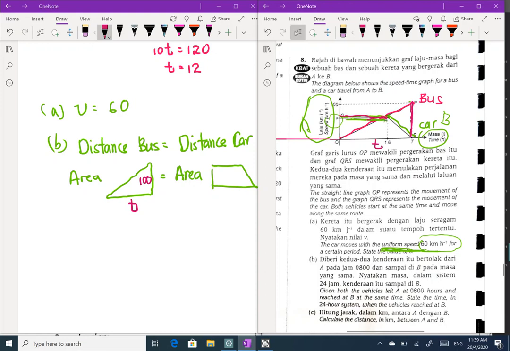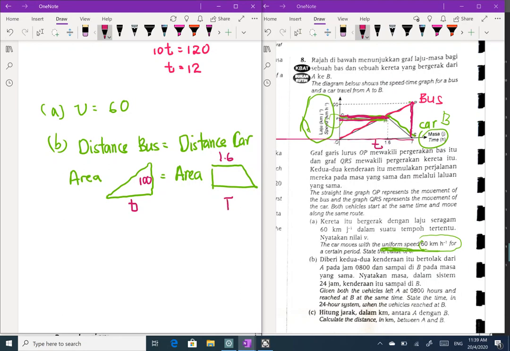So this one is 1.6. The length for this one is t. Okay, we use big T. The height is 高度是多少, V. What is our V? V is 60.